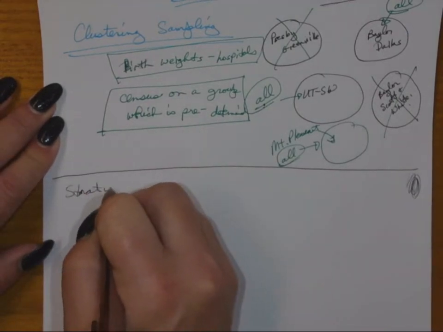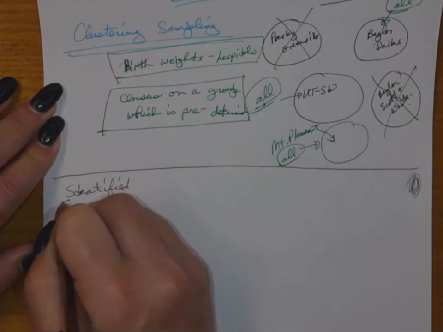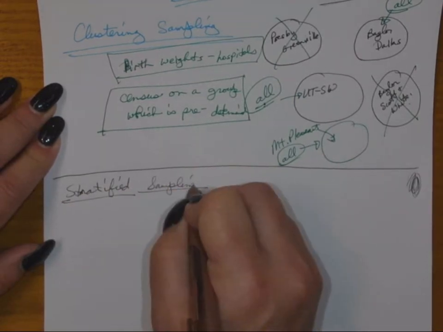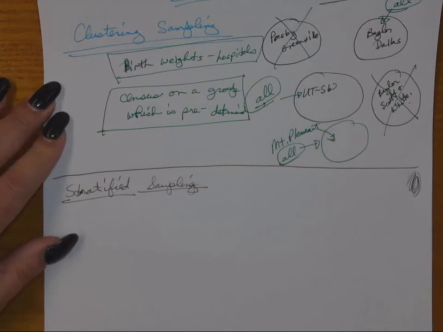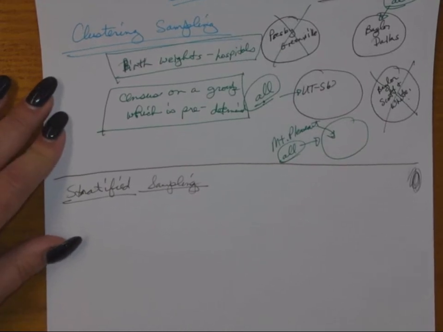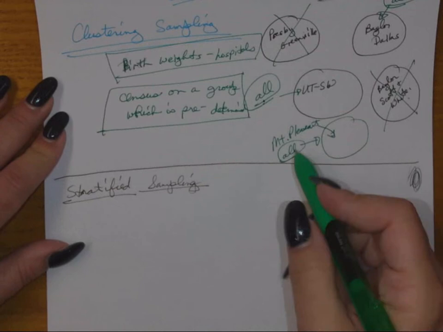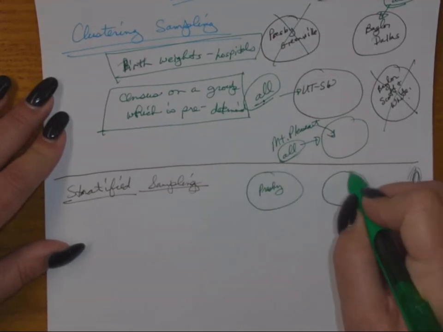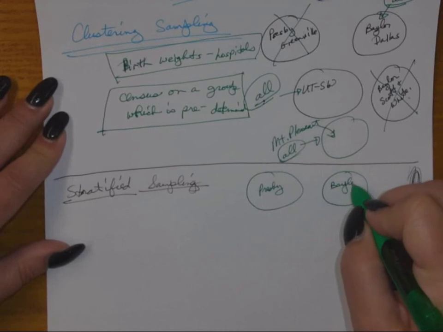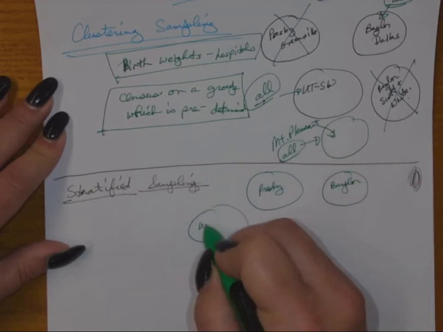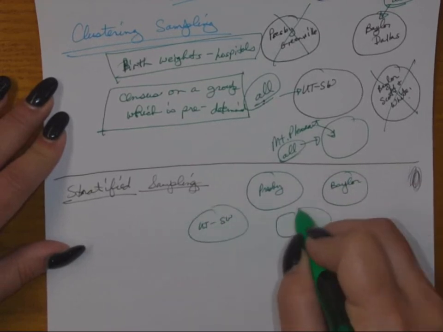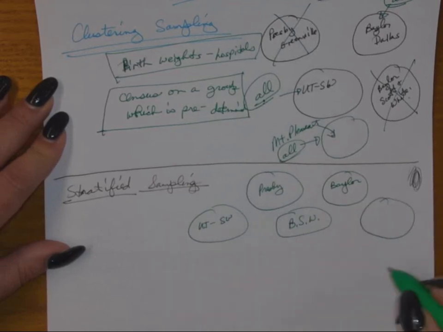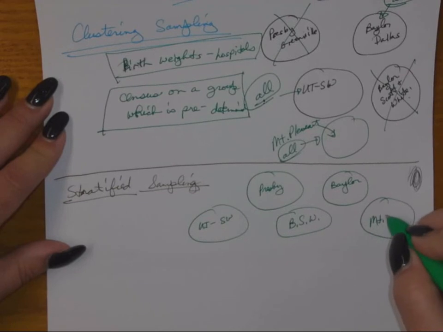Stratified is different. So stratified works the same way. To begin with, we have these pre-established groups. Presby, Baylor, UT Southwest, and it can be anything that we have already that's a pre-established group.